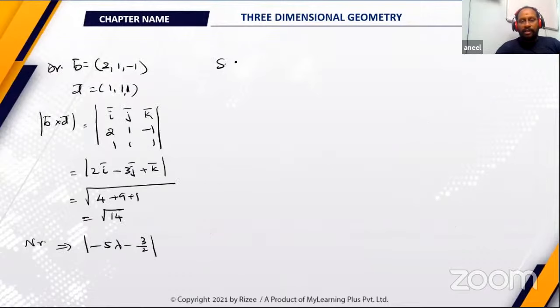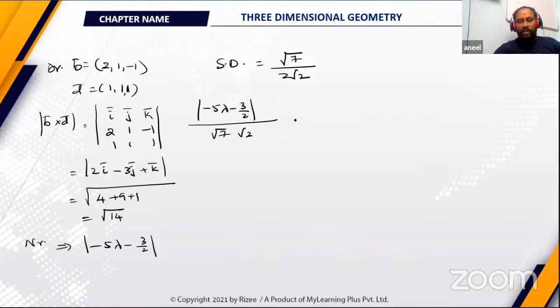Skew distance here is the numerator, minus 5 lambda minus 3 by 2 under modulus, divided by the denominator root 14. I can write it as root 7 into root 2 is equal to root 7 by 2 root 2. Now root 2 and root 2 got cancelled. So the modulus of minus 5 lambda minus 3 by 2 is equal to 7.